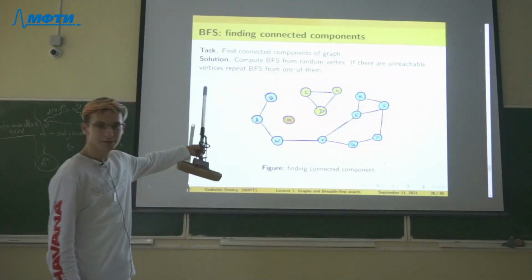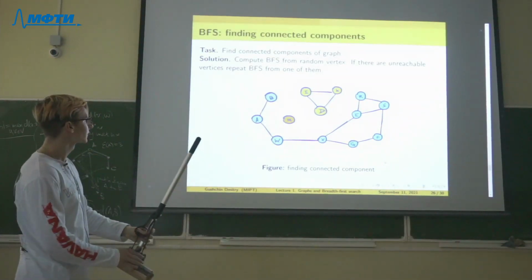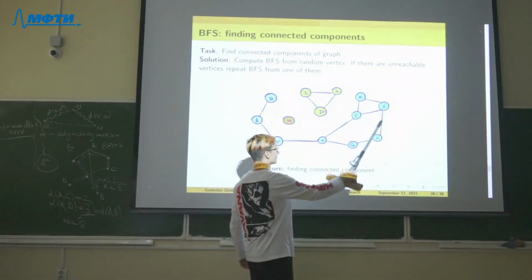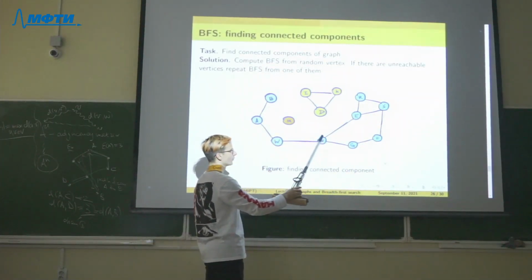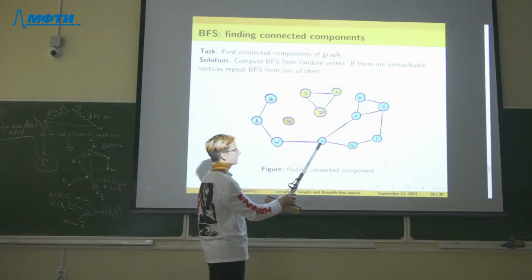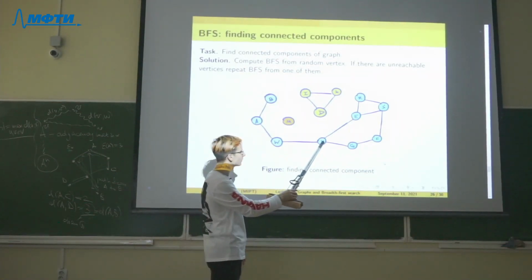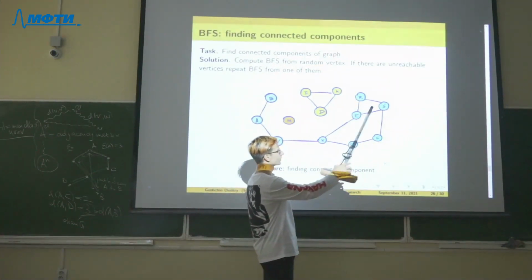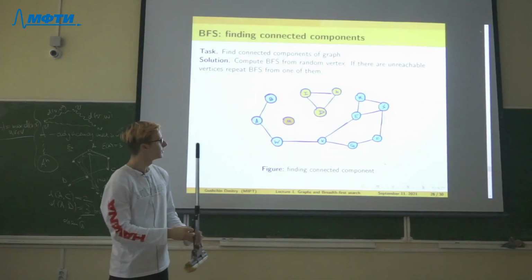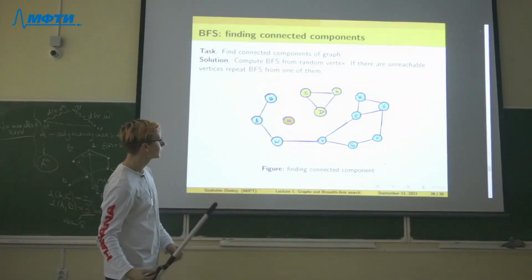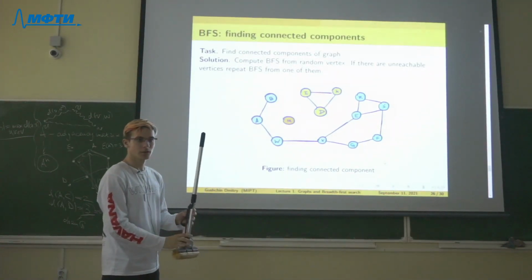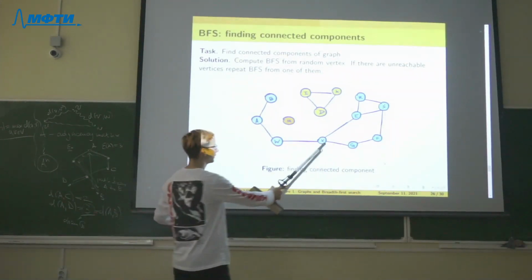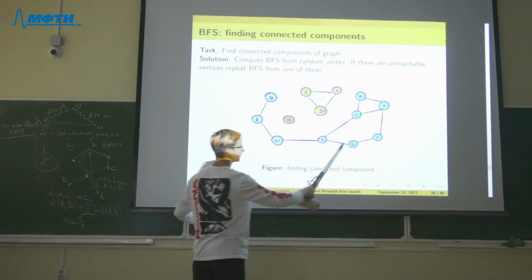Then about finding components, as you say, when we have a connected component, if we choose one of the vertices and start breadth first search, we visit all vertices in this component and we don't visit any vertices from other components, okay? So the algorithm is simple. We start BFS from one of the vertices.